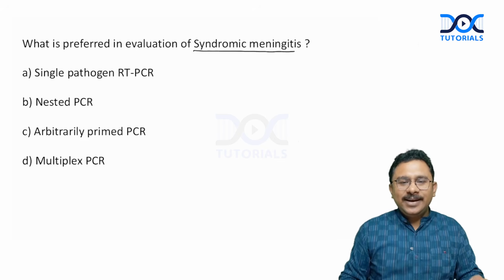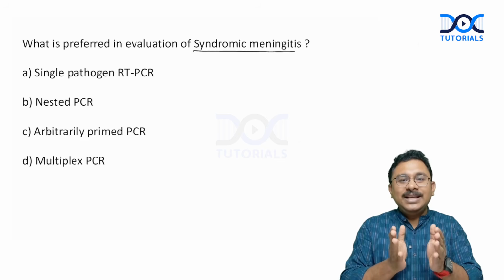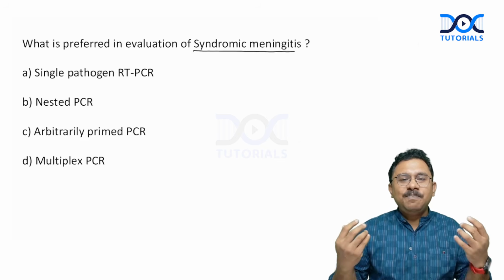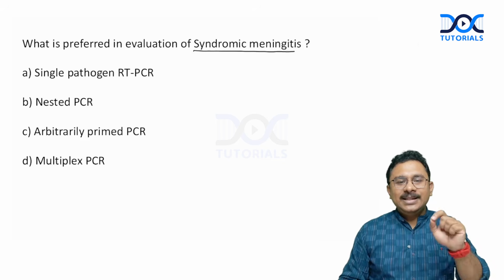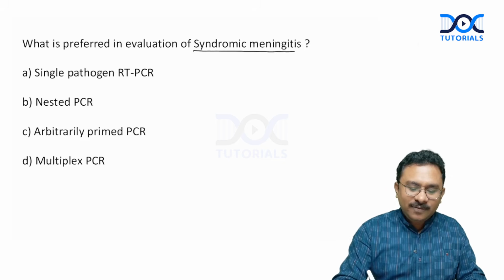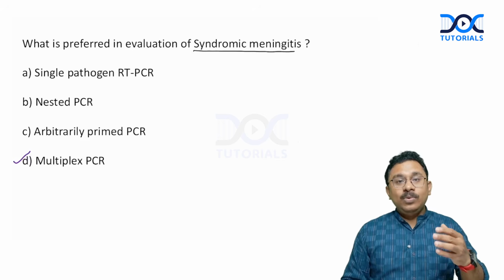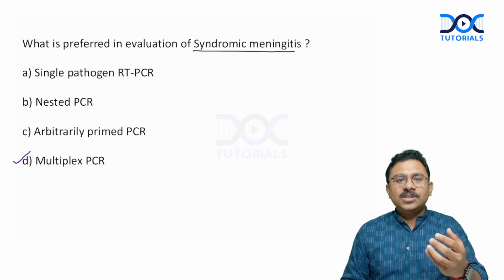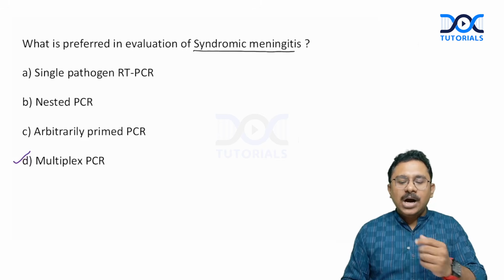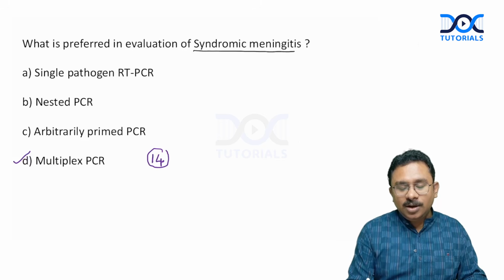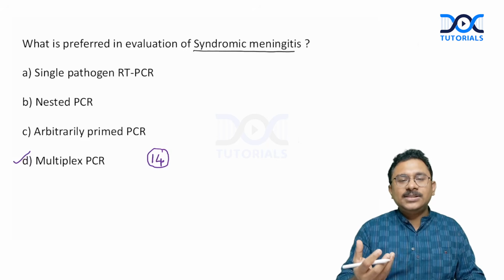Now, in such a case where you have understood it is a meningitis syndrome and you have to evaluate for multiple pathogens simultaneously, that is when you go for this investigation known as multiplex PCR, which within a short span of 1 to 2 hours can detect almost 14 pathogens, which includes bacteria, viruses, and fungi.